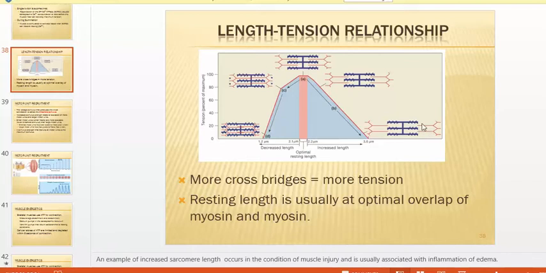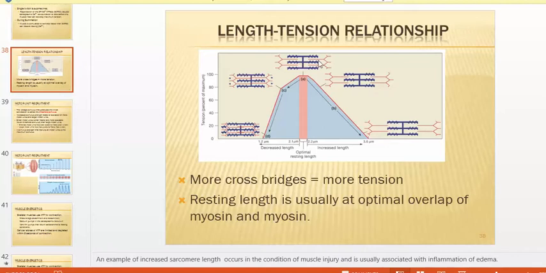If it's too far away, like over here, you can't really produce any cross bridging, but the actin are maximally spread apart. Then over here you're coming closer, and you're getting a little more cross bridging.